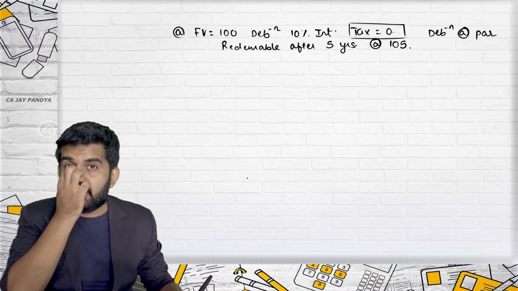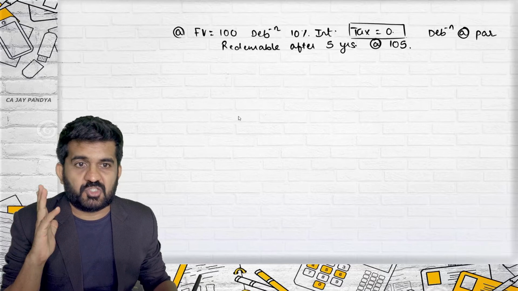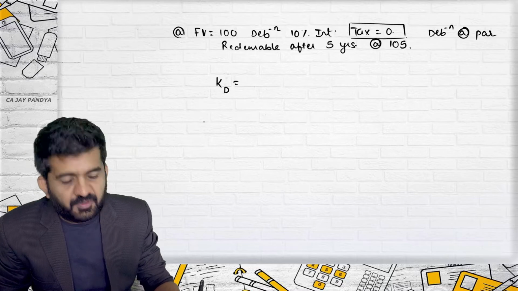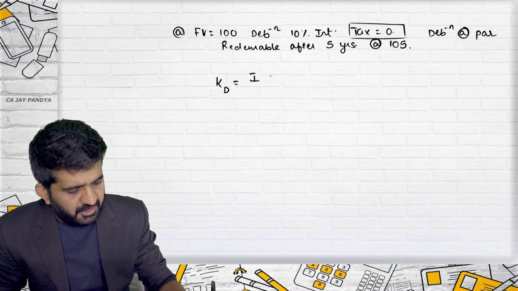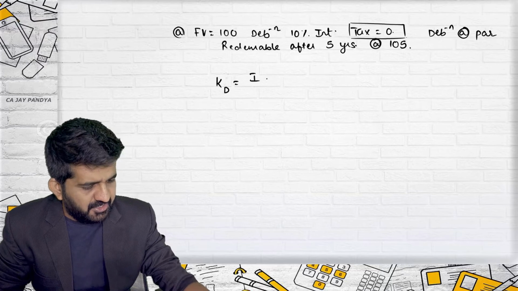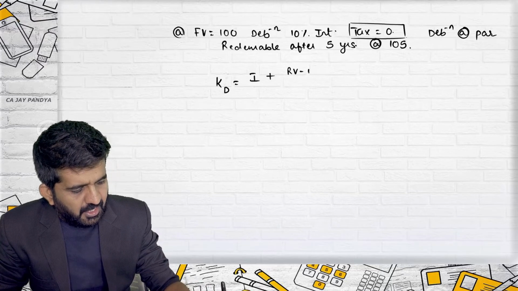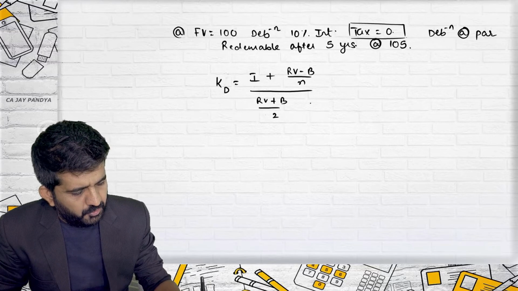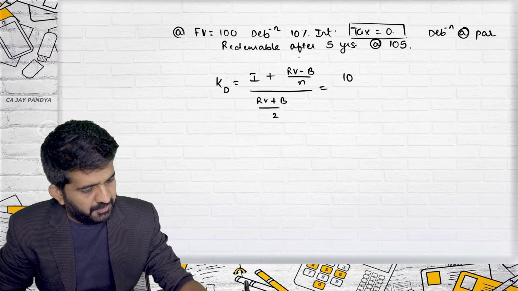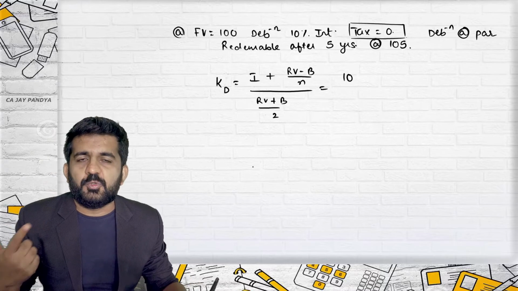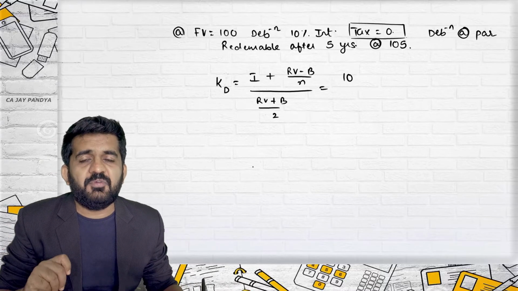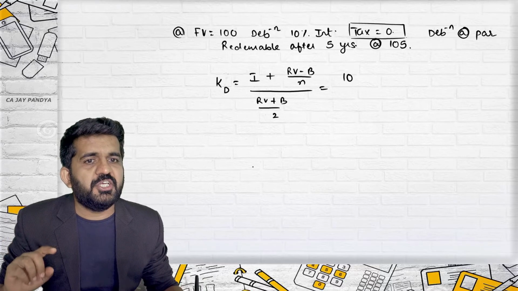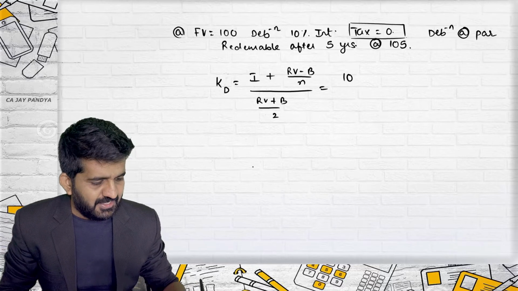So instead of capital budgeting, we are doing a concept of cost of capital. If you remember how we were finding out KD of redeemable debentures: interest into 1 minus T, but here tax is 0, so I am not taking it, plus RV minus B upon N, upon RV plus B upon 2. What is the interest? 10 rupees. We understood in cost of capital, whether we find out cost of 1 debenture or cost of 10,000 debentures, cost in terms of percentage per annum is going to remain the same.